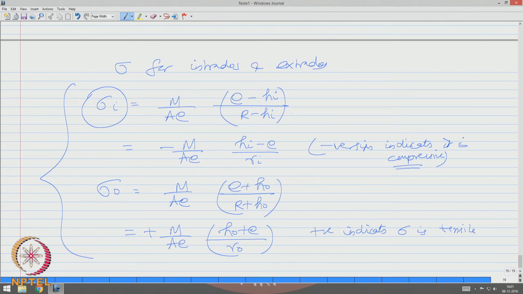So, friends, in this lecture we discussed how to find stresses at intrados and extrados for a curved beam with large initial curvature.